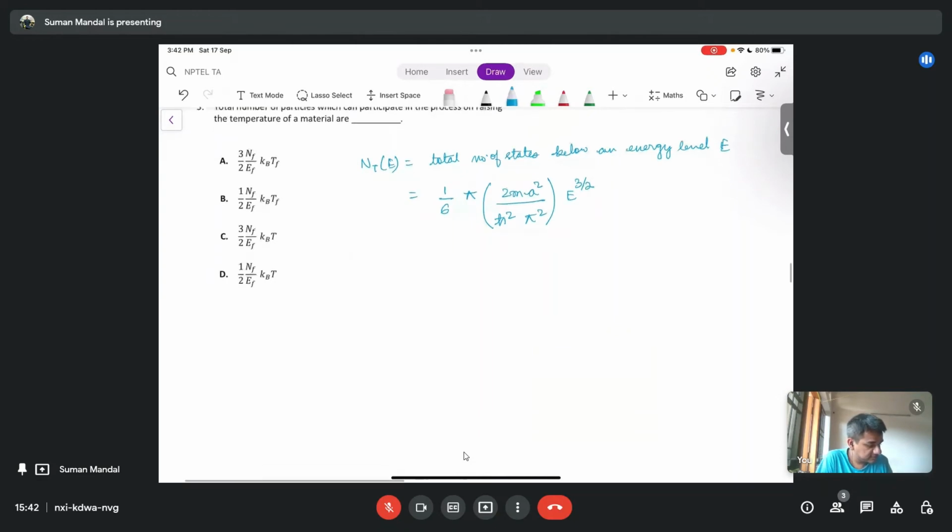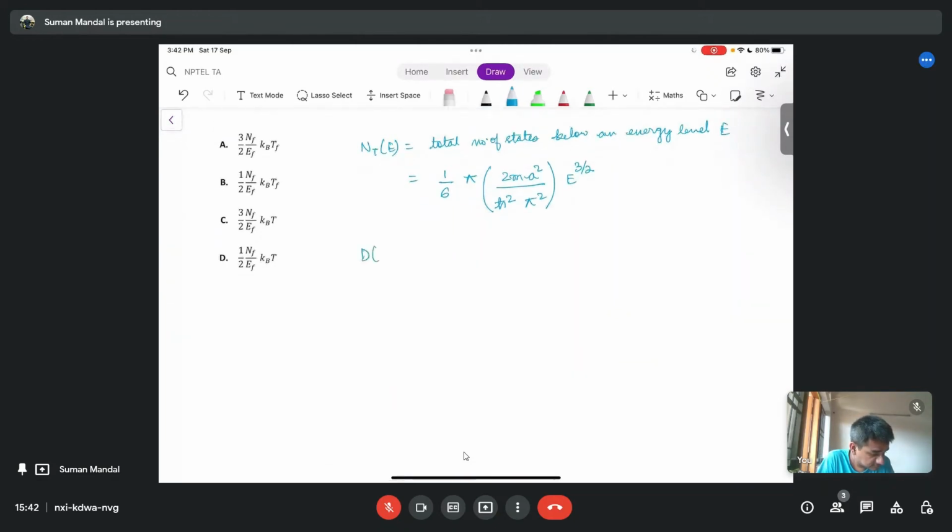And for the density of states, we got 1 by 4 pi, 2m a square by h cross square pi square, to the power 3 by 2, E to the power 1 by 2. Basically, we differentiated the total number of states.